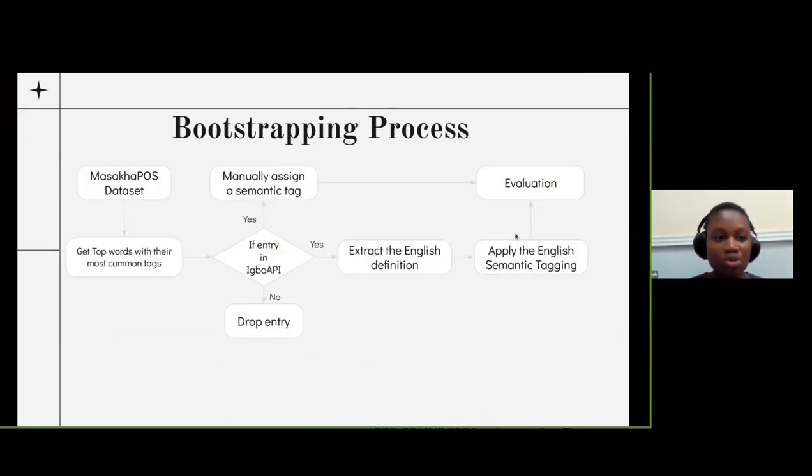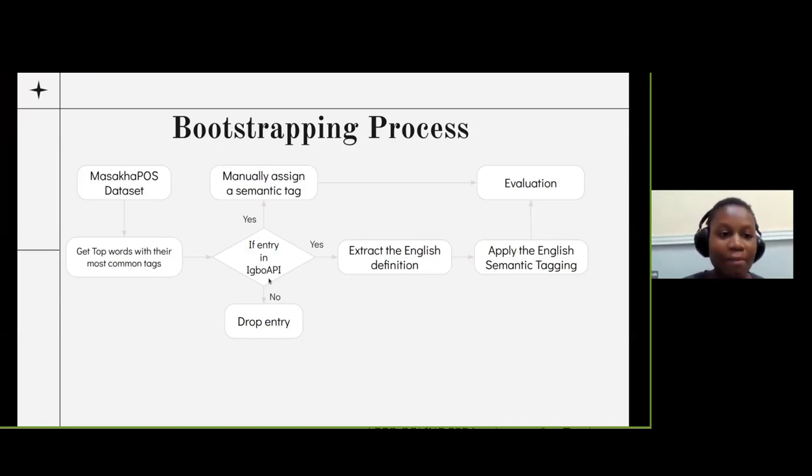So this is our bootstrapping process. From the MasakhaNE data set, we identified the top non-function words and their most frequent POS tags. And then we cross-referenced them with our own data set to find a match. If there is no match between the two data sets, we drop that entry.